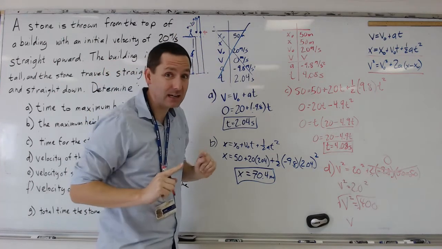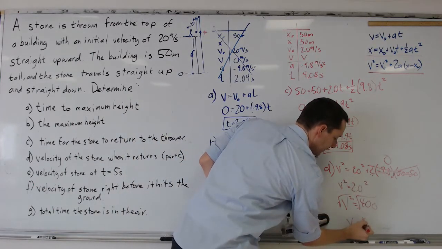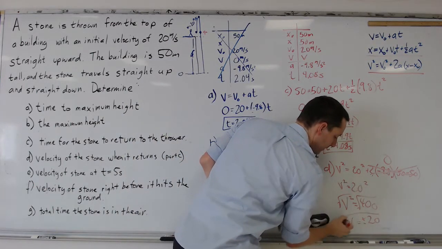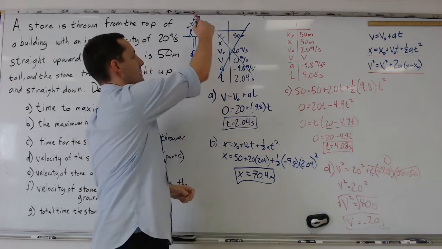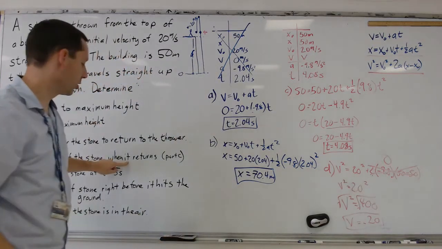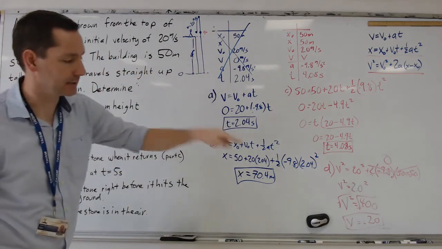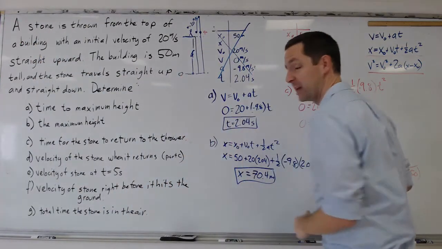It'll have the same magnitude, that's what we just found. Velocity will be either positive or negative 20, and in this situation it's got to be the negative because it has a downward direction. And so D, what speed is it going when it returns? It's going negative 20 meters per second, which the speed then is just 20.